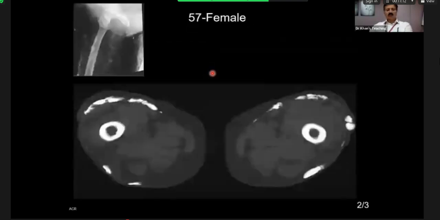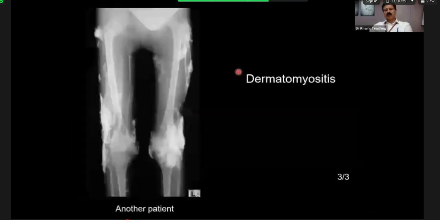If you see a CT, nobody is going to show you a CT, by the way, for this. But having said that, just to develop your concept that it's quite superficial, isn't it? So this is the differential diagnosis of dermatomyositis.